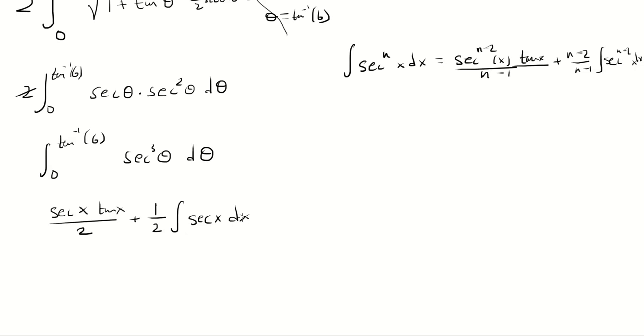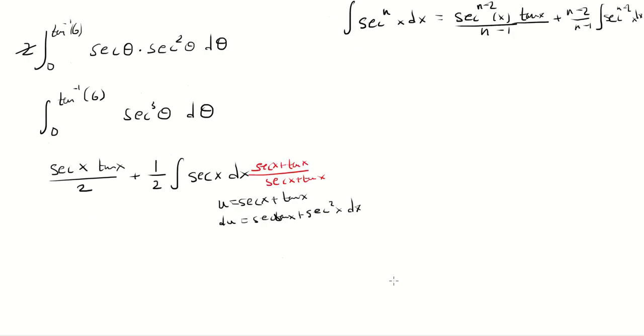And for this, in order to solve this step by step, you would just multiply by secant x plus tangent x on the top, make a u substitution, let u equal secant plus tangent. So du would just be secant tangent plus secant squared, which is the same thing as secant times secant plus tangent, which is exactly the numerator.